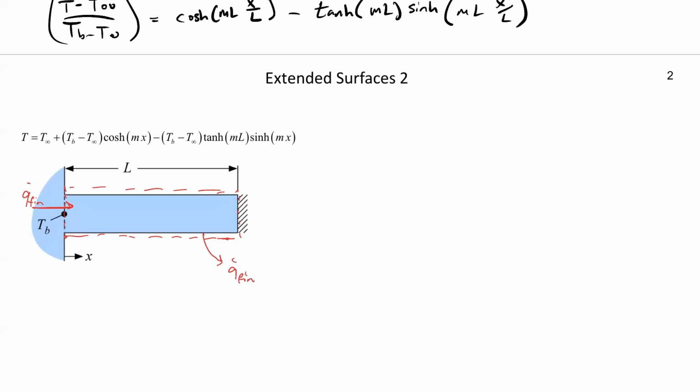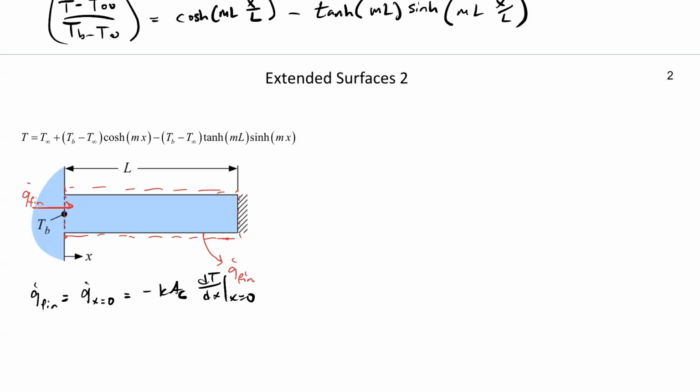So let's write that out. We could do one of two things. We could say Q dot fin is equal to Q dot x at x equals 0, which we would evaluate using minus k A_c dT/dx at x equals 0. That's one evaluation we could do.